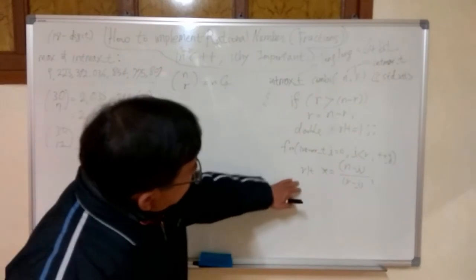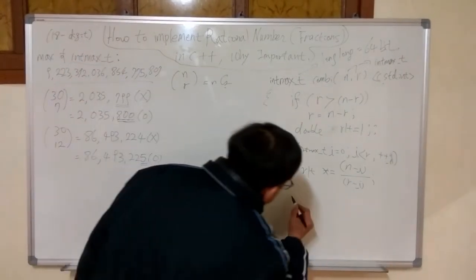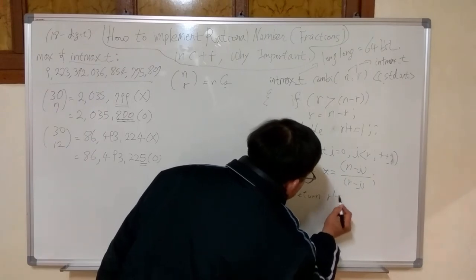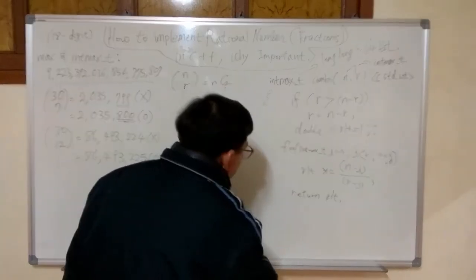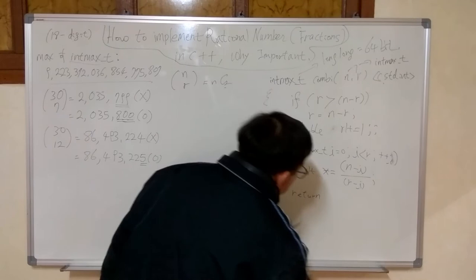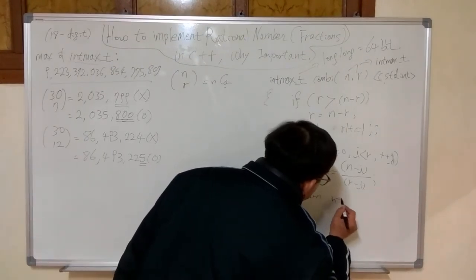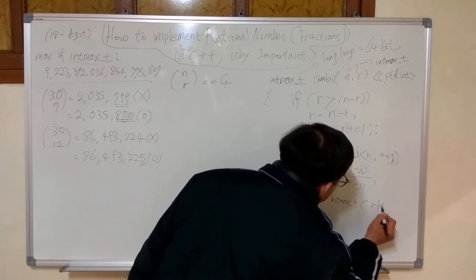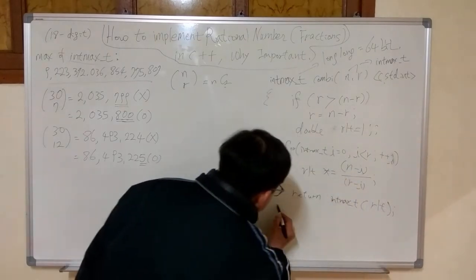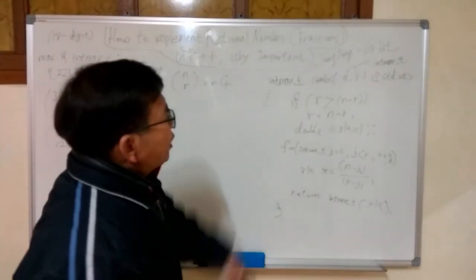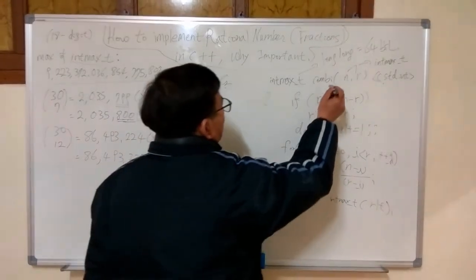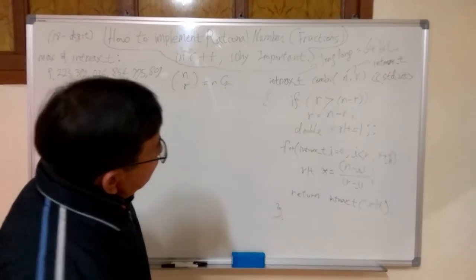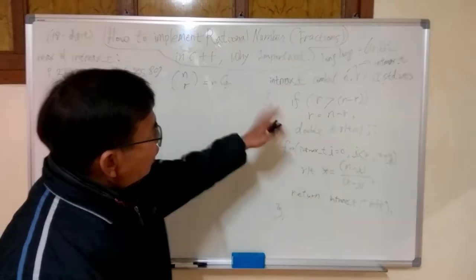You understand this? Then we return rlt, as intmax_t. This is a typical implementation. Of course, we can have more code here, but this is a typical implementation of combination.